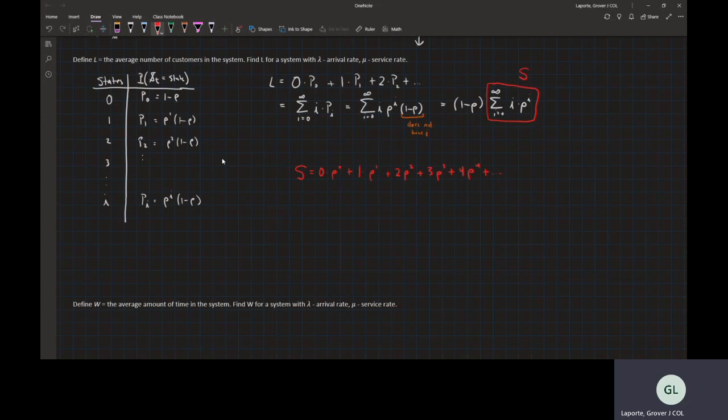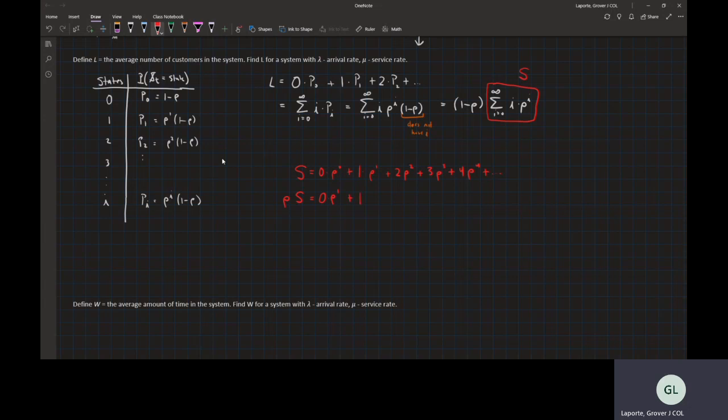But let's use one of the tricks that we've learned before, where we multiply by rho. So I'm going to multiply every term here by rho. In that case, it would be 0 times rho to the 1. I know that's 0, but I'm still writing it out because I just needed to set the pattern.